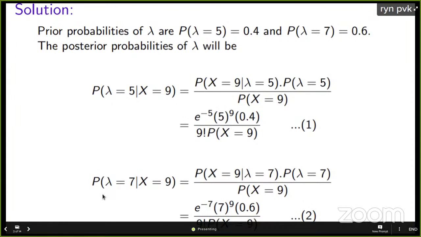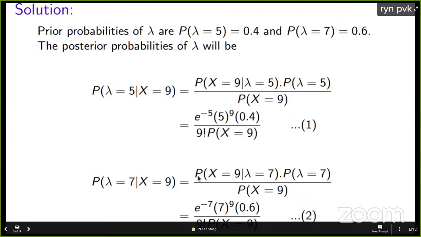Similarly, we can find probability that lambda equal to 7 given that x equal to 9. The same rule we can apply. By using that rule, probability that x equal to 9 given that lambda equal to 7 and probability that lambda equal to 7, which we have already been given as 0.6.